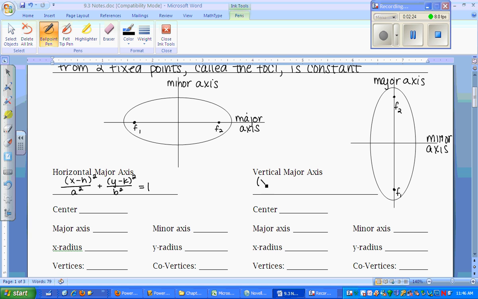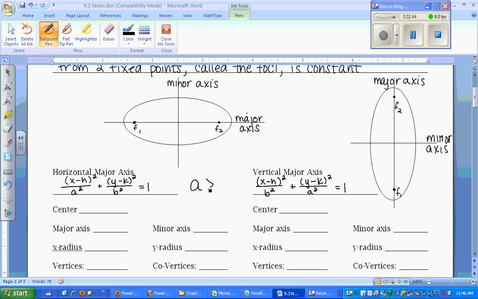And a vertical major axis ellipse is (x minus h) squared over b squared plus (y minus k) squared over a squared is equal to 1. And the only difference between those two equations is where your a squared and your b squared is.